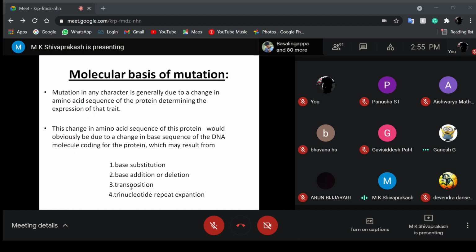Then molecular basis of mutation. Mutation in any character is generally due to a change in the amino acid sequence of the protein determining the expression of that character.